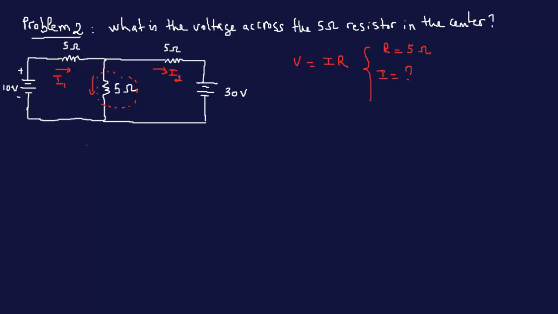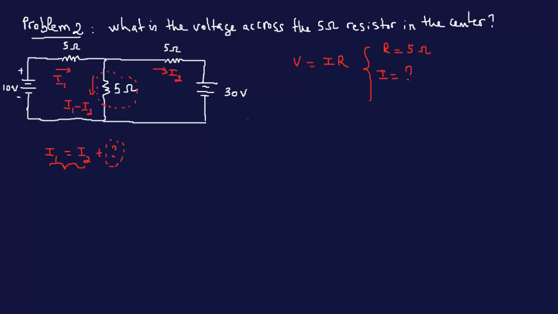So you would have I1, which is going in, equal to I2 plus whatever is here. So this current here would be I1 minus I2.